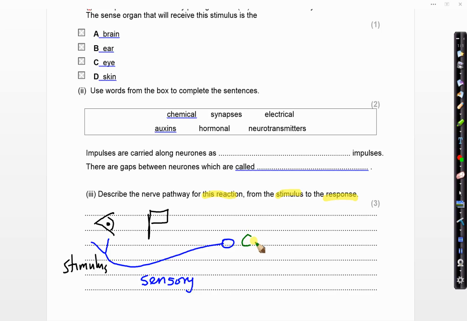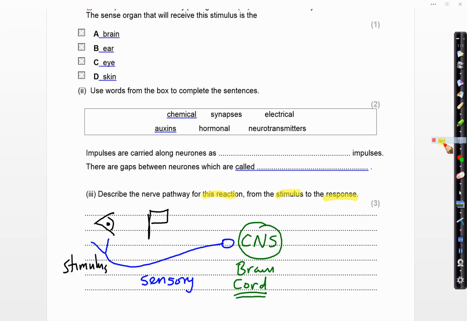So it's going to be sent to the central nervous system. And that central nervous system, as we know, is made up of 2 parts. So what are they? Of course, they're the brain and the spinal cord. Okay, so not the spinal column or the spine, but the spinal cord.